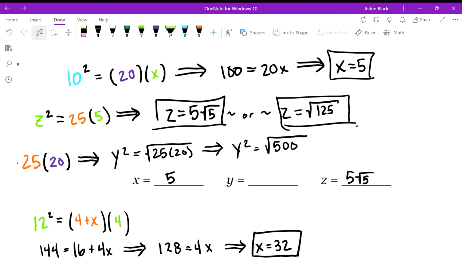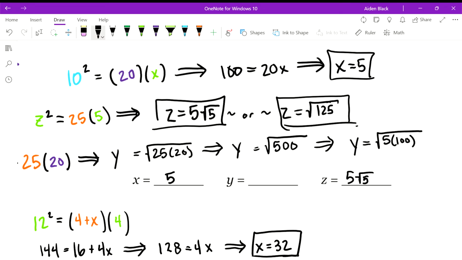Okay, so there's actually a really nice square that we can divide 500 by. Do you know which square it is? If we divided 500 by 5, I would get 100.